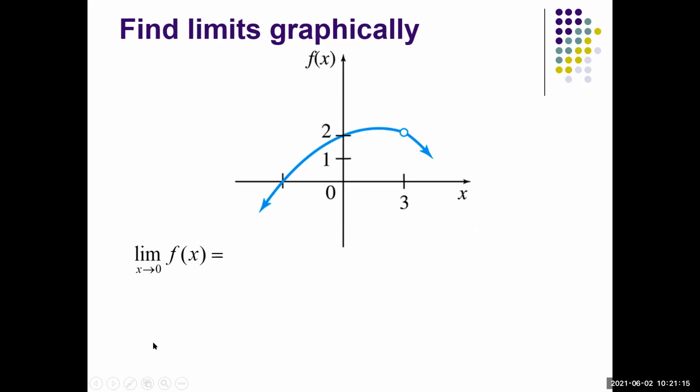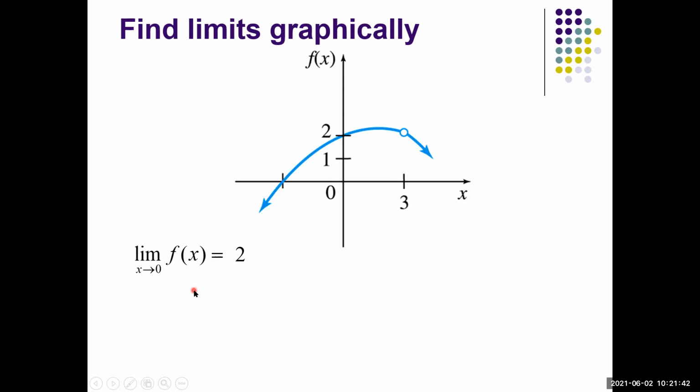So from the left of 0, you see they're getting closer and closer to this spot, which is 2. And on the right of 0, it's getting closer and closer to the same spot. So the limit of f of x as x approaches 0 is 2.